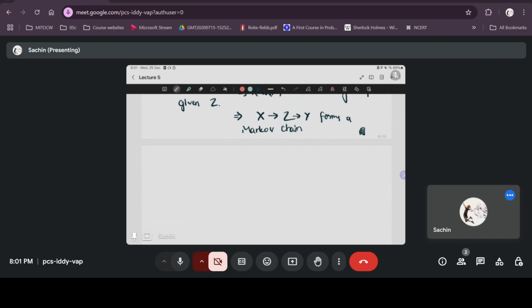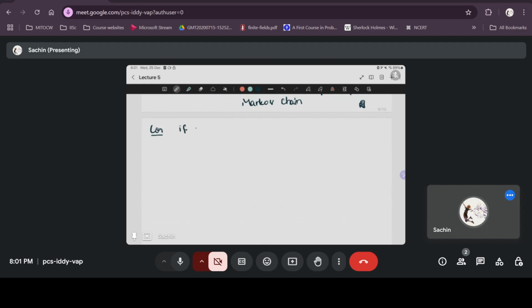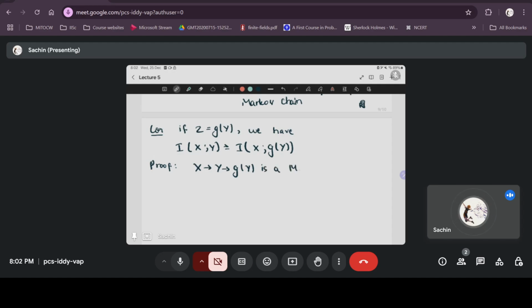We'll look at two corollaries. One corollary is if Z is equal to g of Y, that is, Z is a function of Y, we have I of X;Y is greater than or equal to I of X;g(Y). Proof: X, Y, g(Y) is a Markov chain.